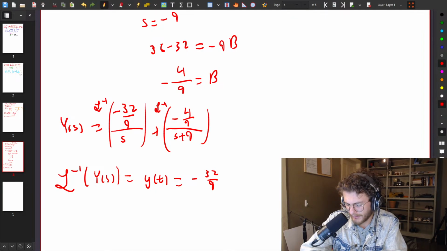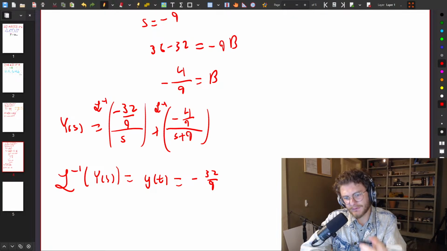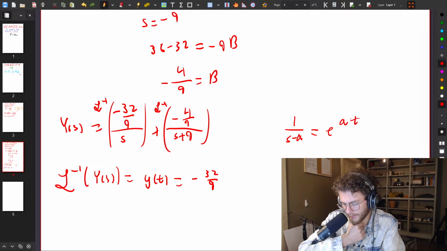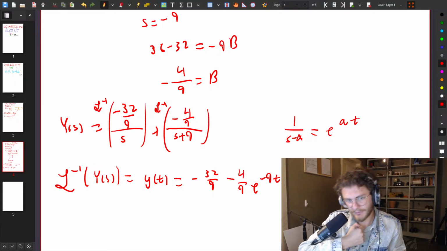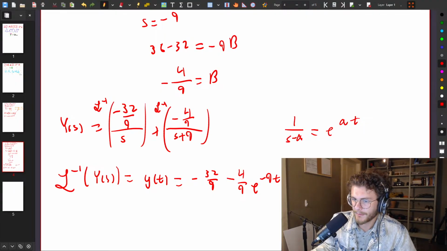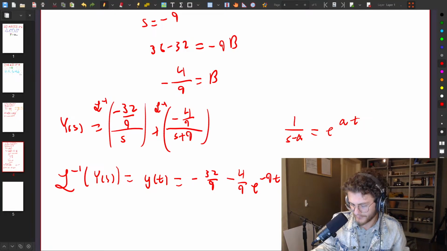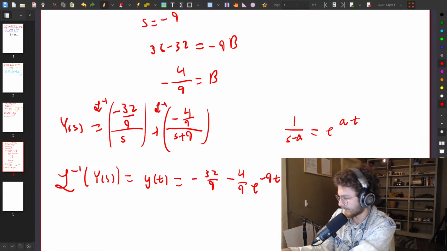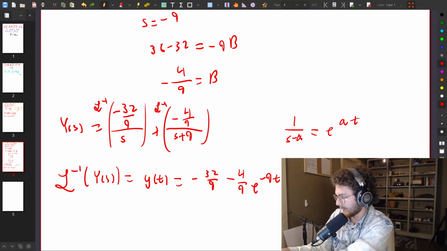And negative 4 over 9 over s plus 9 goes back to the same theorem of 1 over s minus a equals e to the at. Look at that beautiful outcome: negative 4 ninths e to the negative 9t. And that's going to give us our final answer for this problem, which is negative 32 over 9 minus 4 ninths e to the negative 9t.